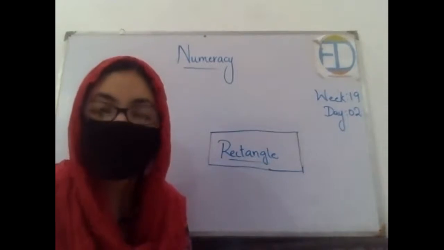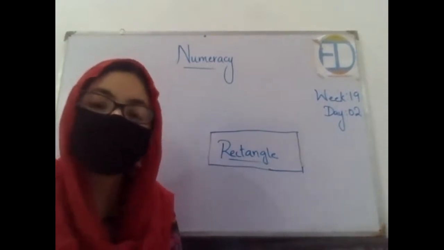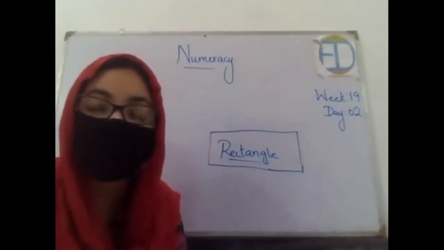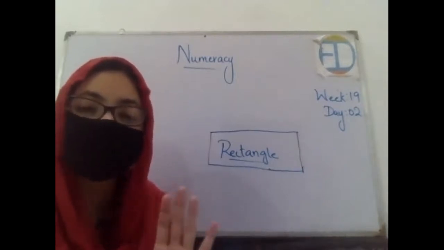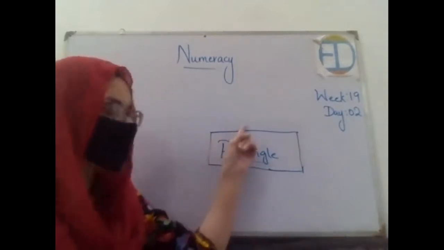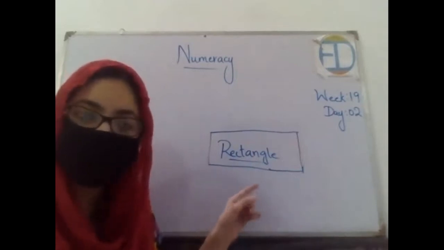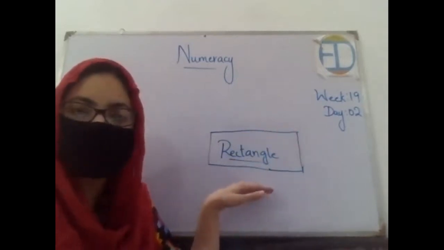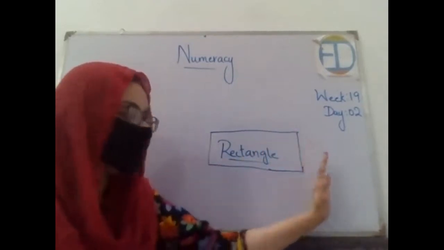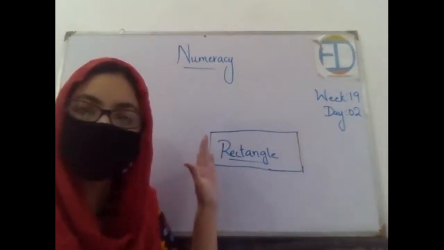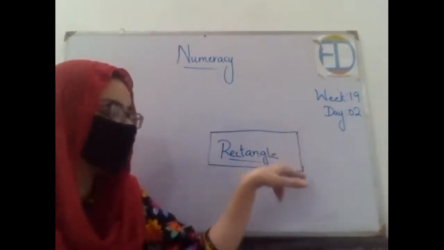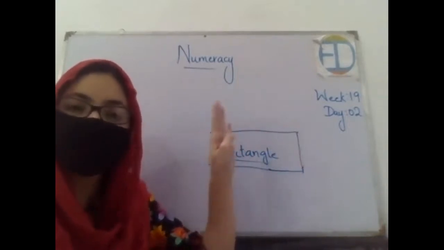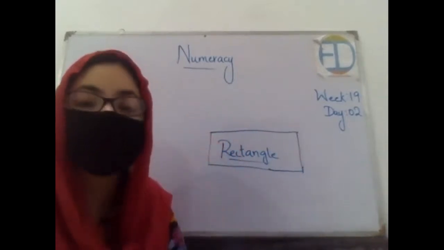It's a rectangle. If we talk about the characteristics of a rectangle, it has how many sides in total? Four. One, two, three, and four. Two sides are equal in length, and the other two are also equal in length. How many corners does it have? Again four, right?